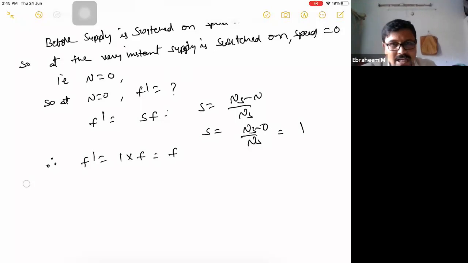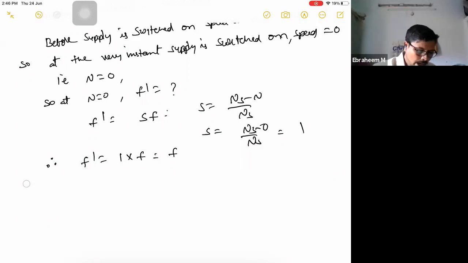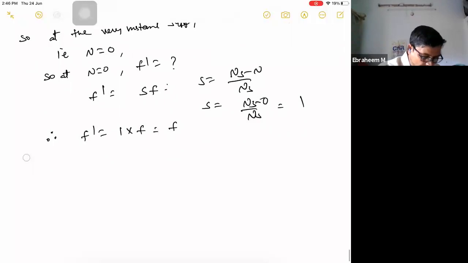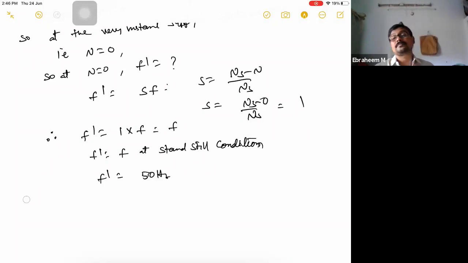On both sides it has the same frequency, no speed in the transformer, right? Yes, sir. Okay, is it clear? Yes, sir. So f dash is equal to f at standstill condition. So f dash is equal to 50 hertz.